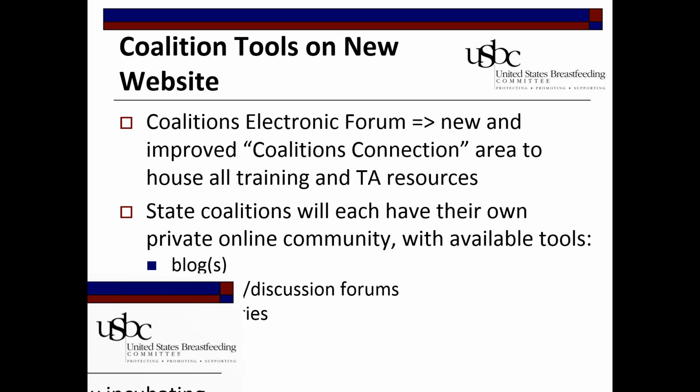So that is a website piece, but that is not the limit to the different backbone supports that would be part of how we incubate constellations and support them once they are formalized. The website and the online communities will be available for each constellation as well. That's just the first part, but other supports that a constellation might ask for from USBC could be meeting time or space if they'd like to get together during our membership meetings, as well as before or after.